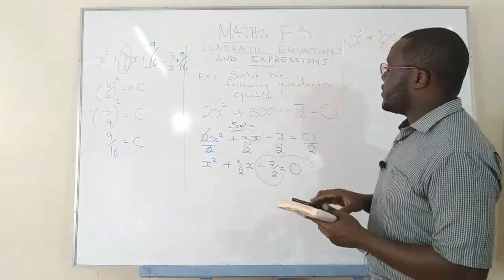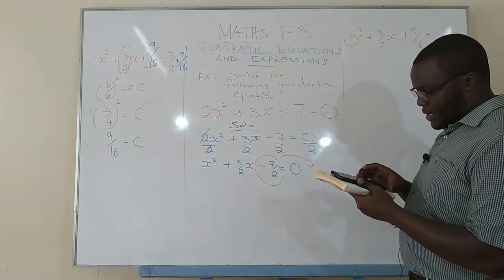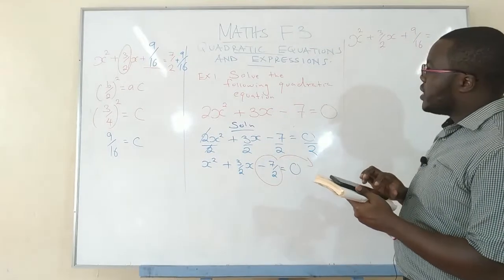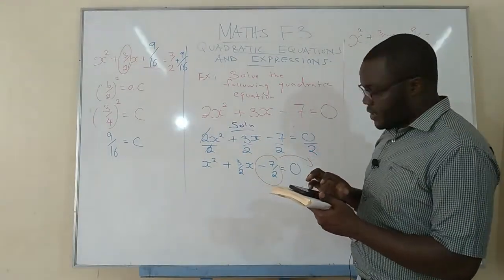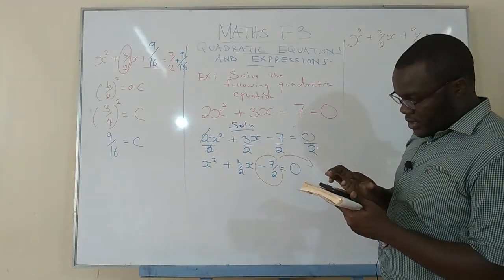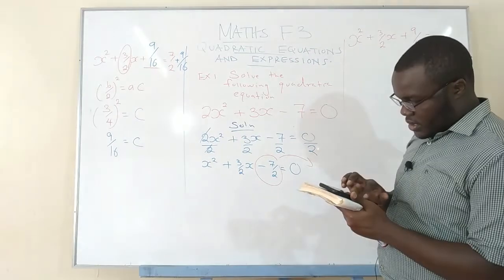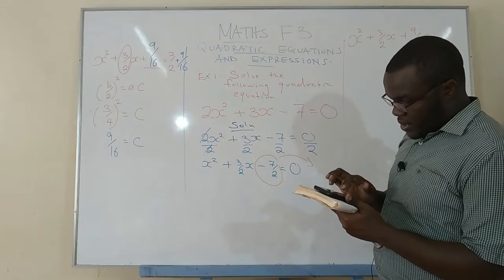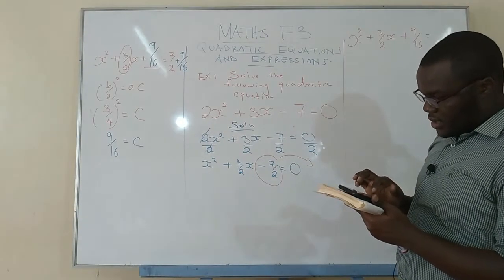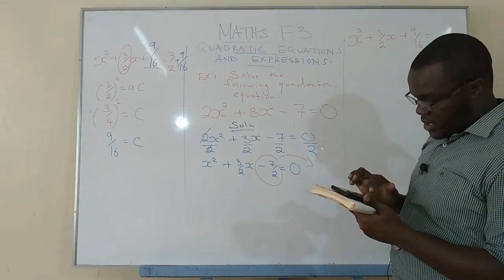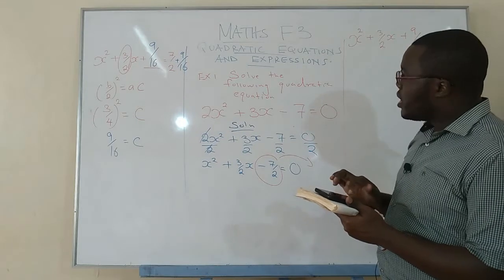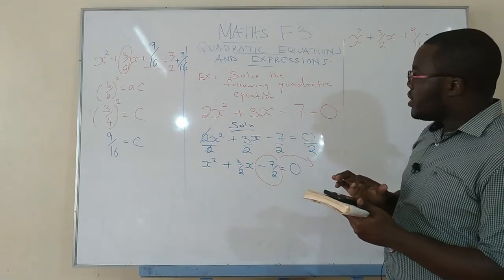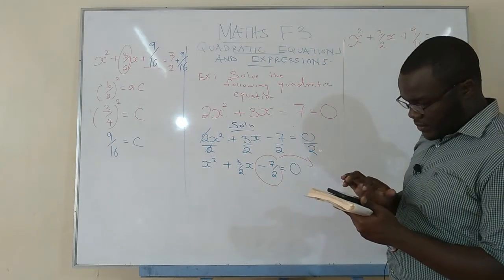What is 7 over 2 plus 9 over 16? Let me do that.